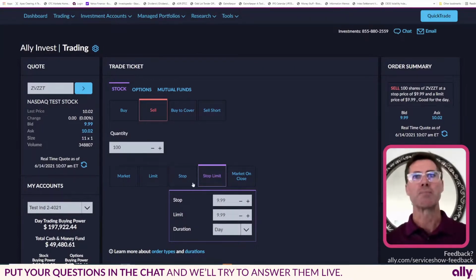What you'd be doing is placing your stop somewhere below 10.02, and you can either type in the number directly, say 9.75, and we could put a limit here of 9.50. And what that means is the stock is trading at 10.02. If it goes below 9.75, your stop is triggered, and you will sell with a limit of 9.50 or better.